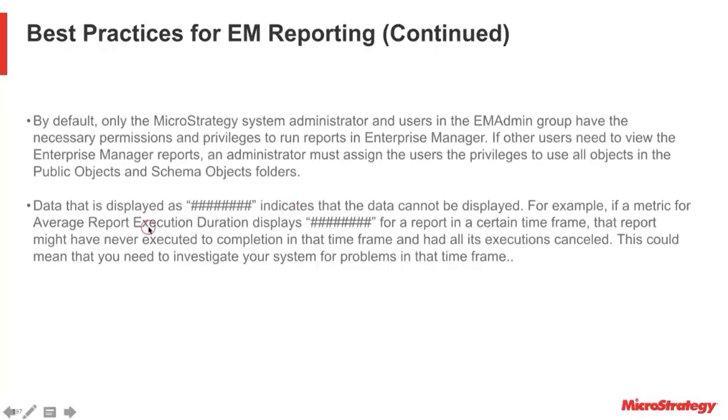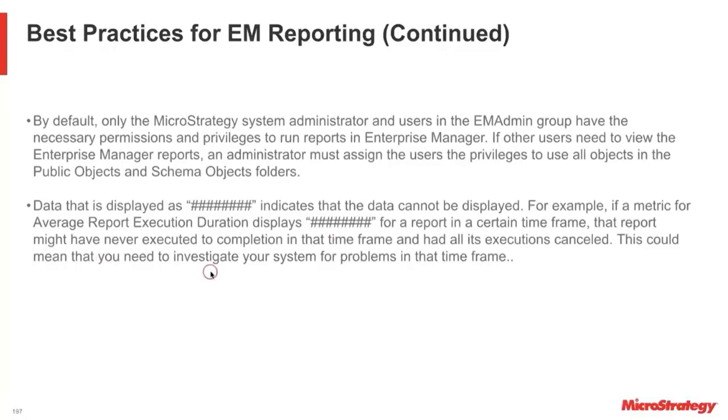Now, when you run a data reload, if your data is displayed with these hashes, it essentially means that the data cannot be displayed. So if you had, let's say, a metric for your average report execution duration, and all you see are just these gibberish numbers, it simply means that maybe that report wasn't executed to completion within the time frame, or it got cancelled.